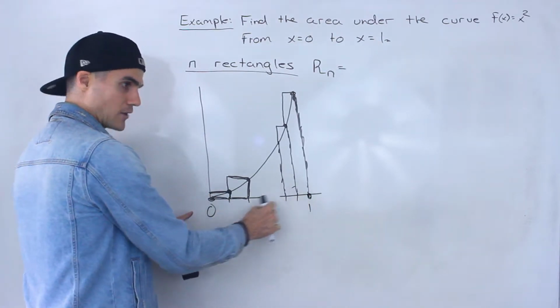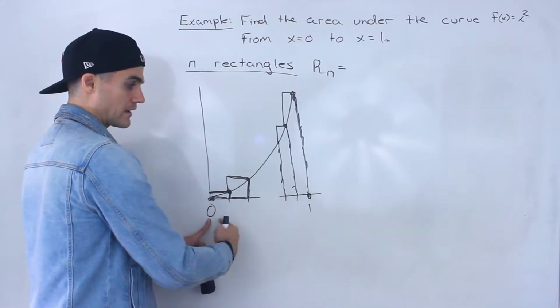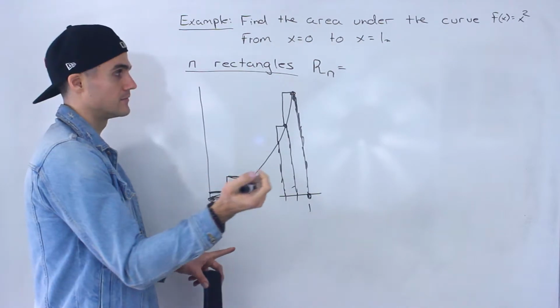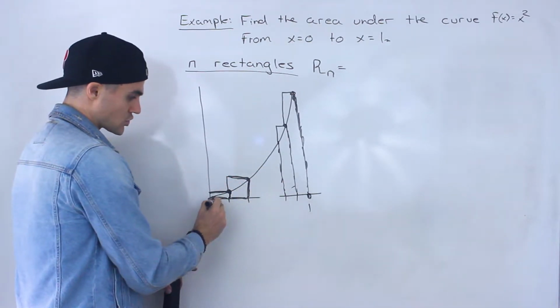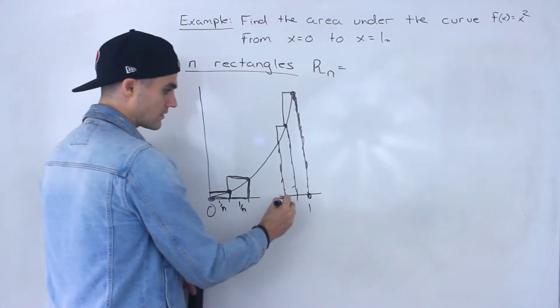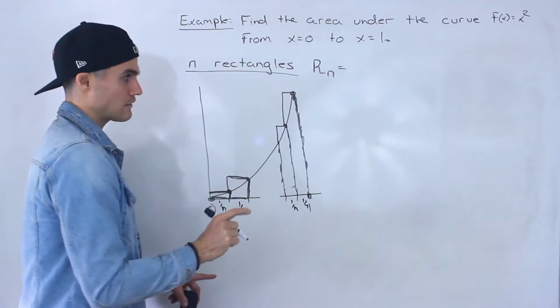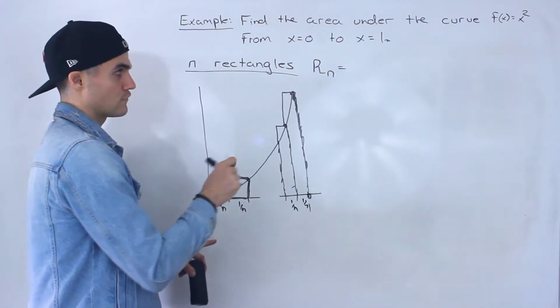So if there's n rectangles in between, it's going to be that distance, 1, divided by n. So each of these rectangles is going to have a length of 1 over n.